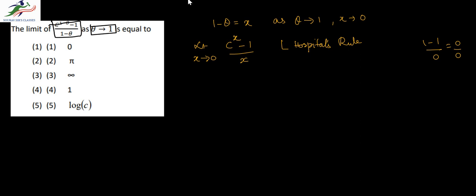Now, in order to differentiate the numerator, we have to differentiate c to the power x. Now, let c to the power x be equal to y. So, x log c is equal to log y. So, now if we differentiate both sides, c being a constant, the left hand side would be log c is equal to 1 by y dy dx.